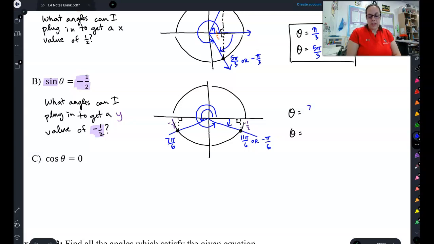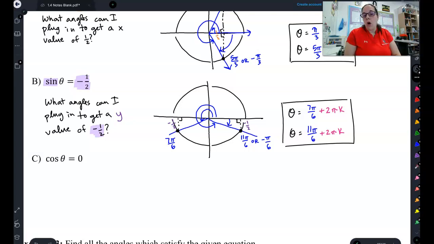So I'm going to take the angles I got, or you could use negative pi 6 right there, and I'm going to add 2 pi k to account for all my coterminal angles. And then this is a list of all the angles that I can plug into this equation to solve it.